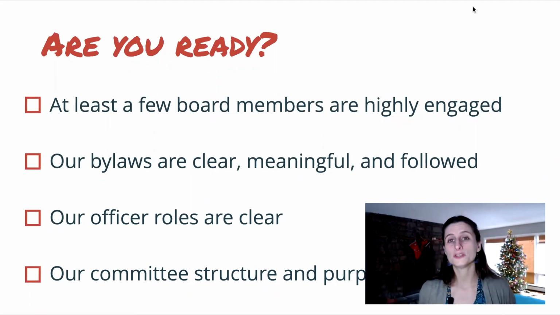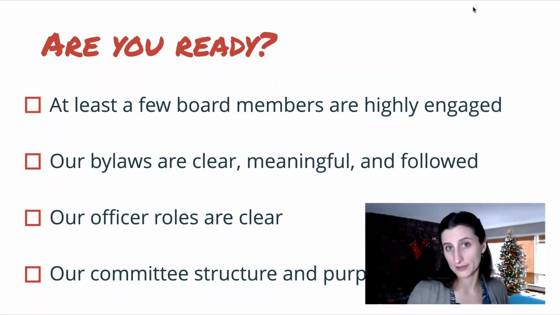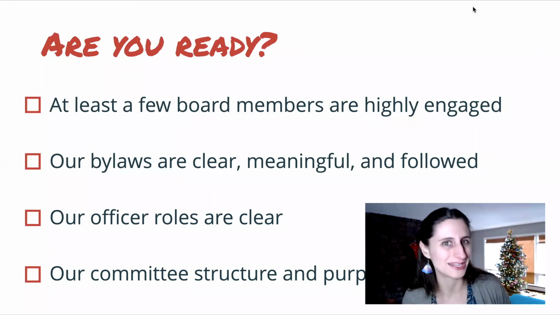So here are a few keys, because I know some of you might be here because your boards are thriving and you just want to grow to the next level. That's great. But many of you might be watching this video, either now or in the recording, because your boards are in some state of dysfunction or disarray, and that is so common for many reasons that I won't get into right now.